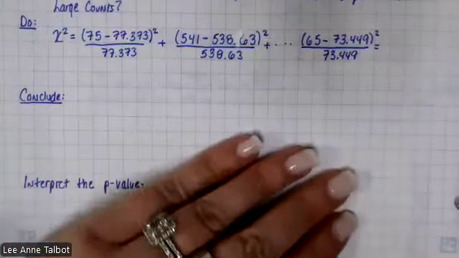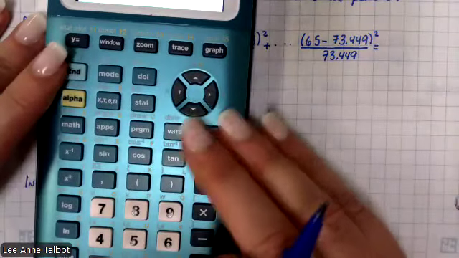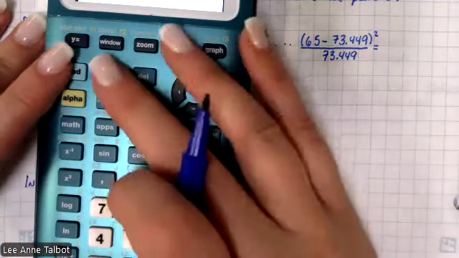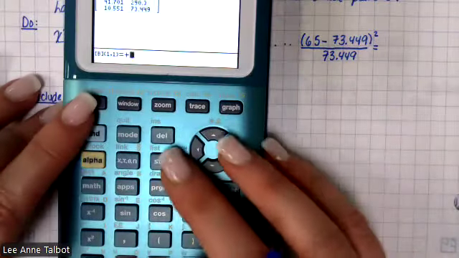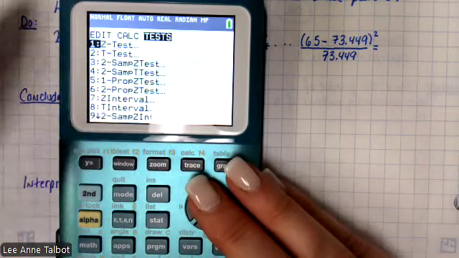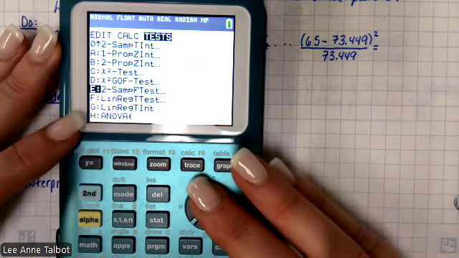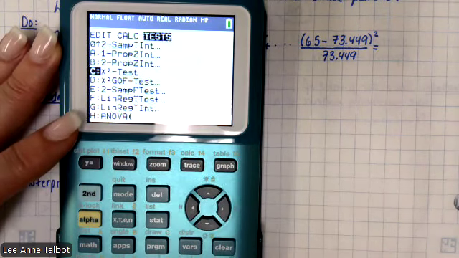Okay, now we're going to see how fast the calculator is. So go out of this, stat, tests. I didn't show you this the other day, but if you scroll up instead of down, you can get to the chi-square. It's a lot faster.